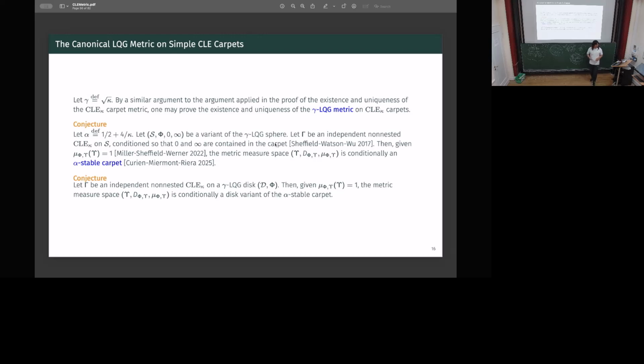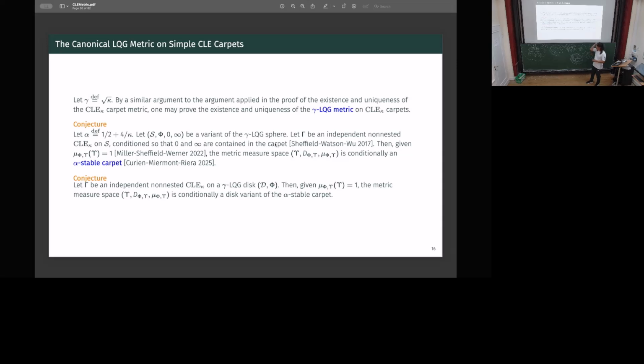I mean, if you want to define a non-nested CLE on a sphere, you need to condition on something. Otherwise, it's not a probability measure. It's like if you consider whole plane non-nested CLE, it's not a probability measure. But that's the only reason, yeah.